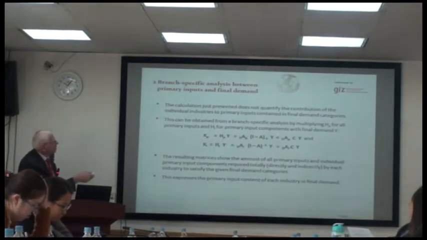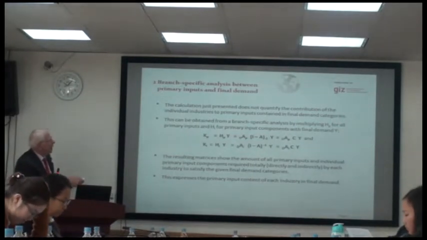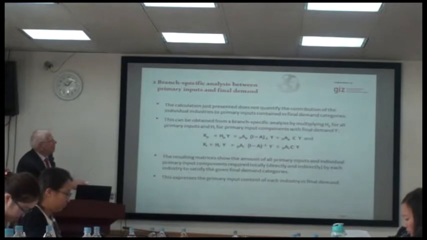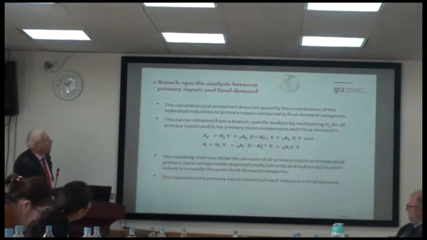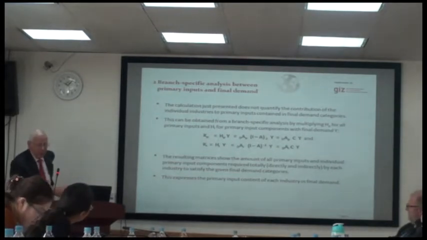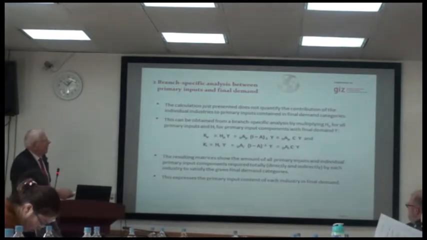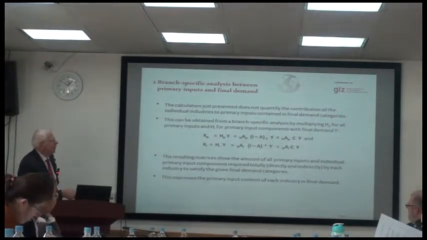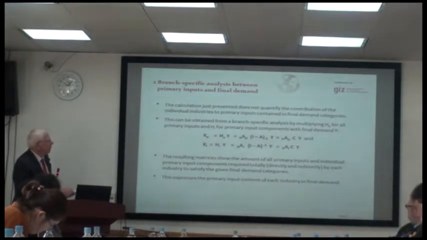The calculation does not quantify the contribution of the individual industries to primary inputs contained in final demand. We have only seen how much of the primary inputs has been contributed to the final demand categories. But now we can do the same as we have already done for our branch-specific analysis. You see again the same result: ADP multiplied by C multiplied by Y. Or we take from our last compilation HP or HI for the branch-specific, and that is for total.